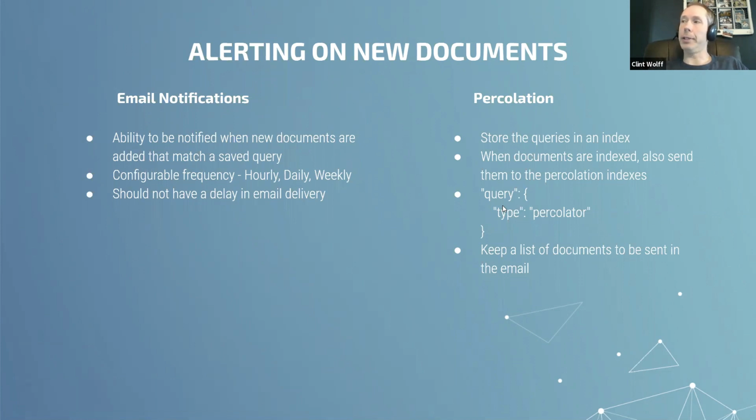And again, the response comes back with the queries that the document matches. Then we have logic on the response side to look at every response coming in, and we map the list of documents to each saved search. So say I have one saved search. As documents are coming in, I'm queuing up the IDs of those documents to be sent out. Actually, it does more than IDs.